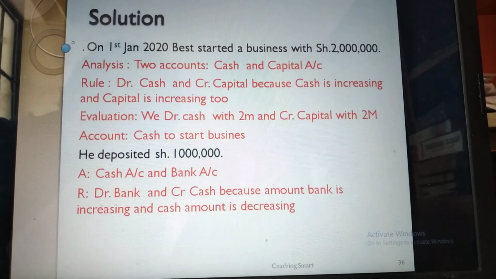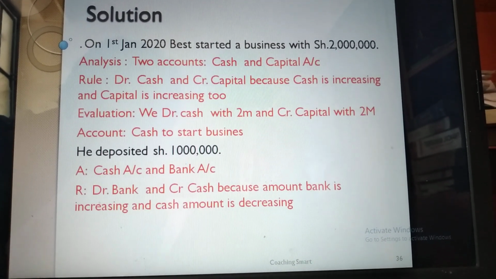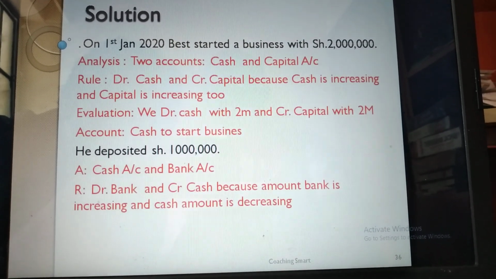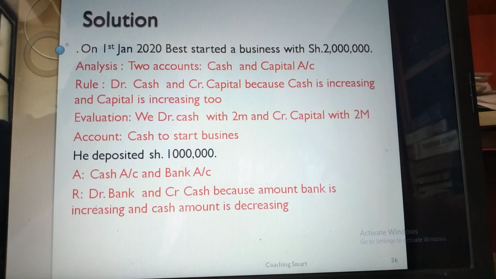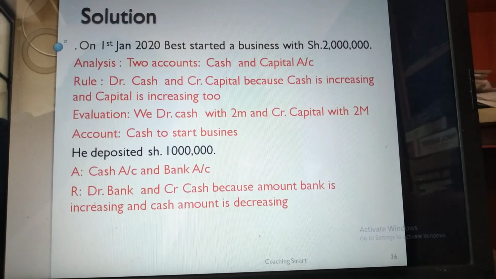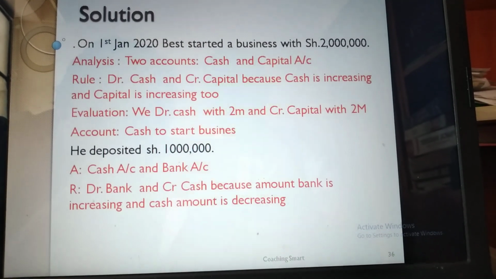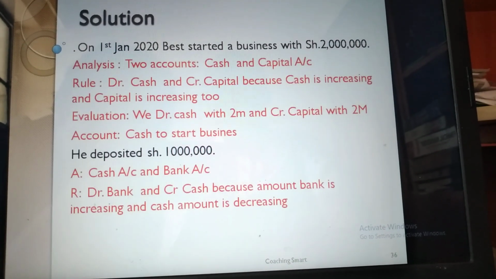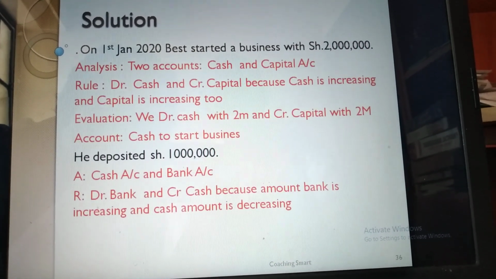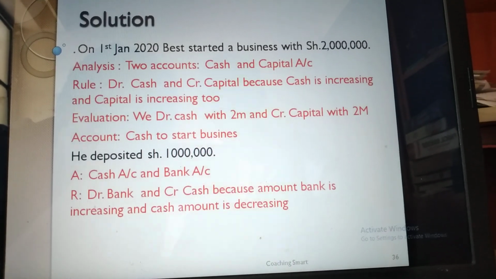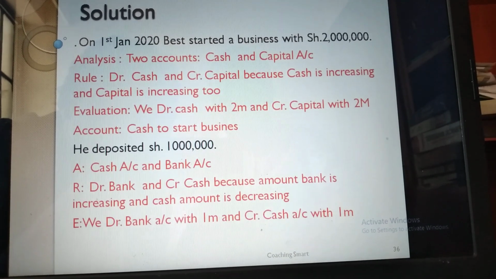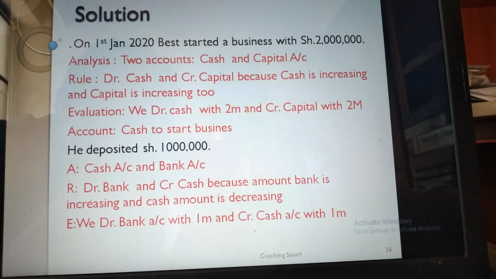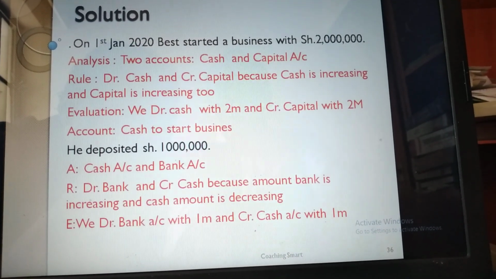From the rule of debit and credit, we debit bank account, we credit cash account, because the amount of bank is increasing and the amount of cash is decreasing. And the rule of debit and credit says, debit what comes in, credit what goes out. Number 3, we debit bank account with 1 million and we credit cash account with 1 million.